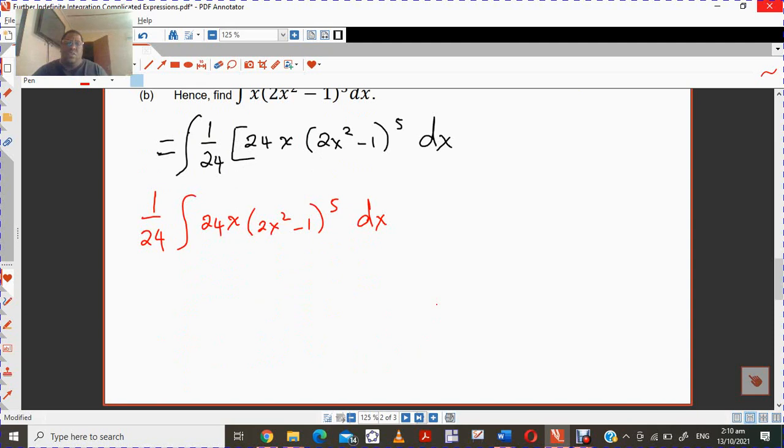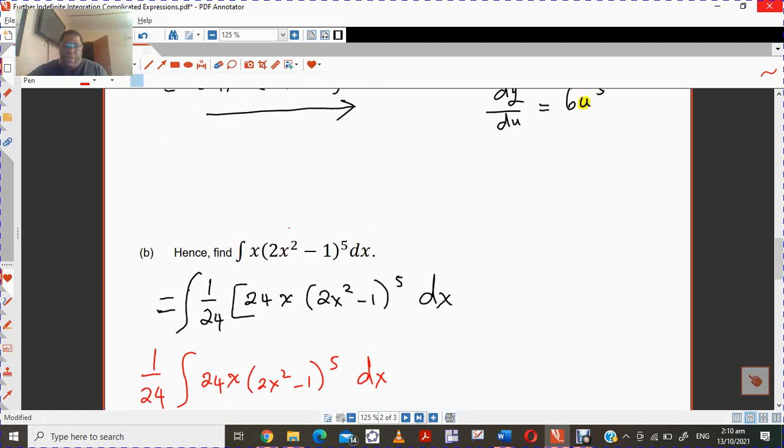But what is this integral giving you? What is the antiderivative of this? It should be the function. What is the function? Let's go back and write that function.